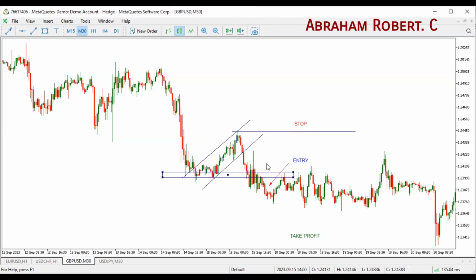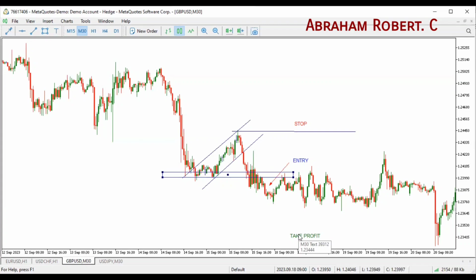Because there's a structure below here, I have to wait for that structure to be broken, which this candlestick broke. And at the close of this bearish candle, that is my entry. My stop will be somewhere above this level. Then my take profit is around this level. 1:2, 1:1.5, 1:3, depending on where the market is.